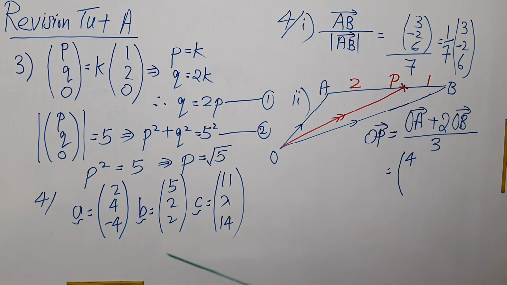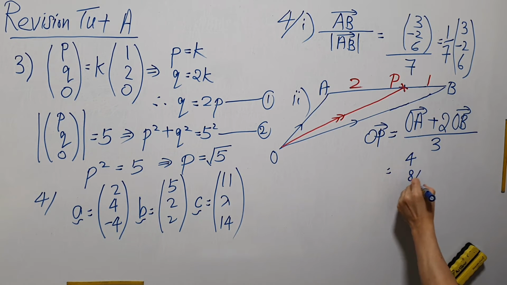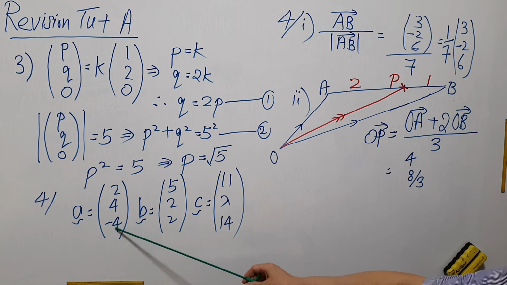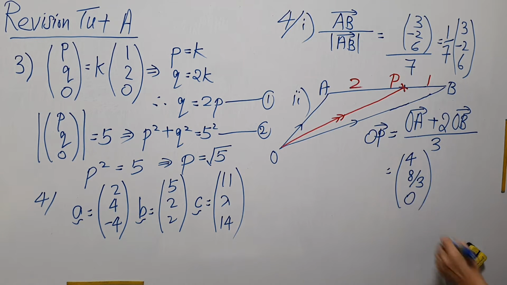Then again, 4 plus 2 times 2 is 8, so 8 over 3. And then minus 4 plus twice of 2, so it gives 0. So this is my vector OP.